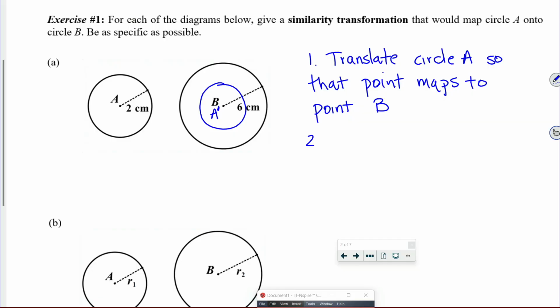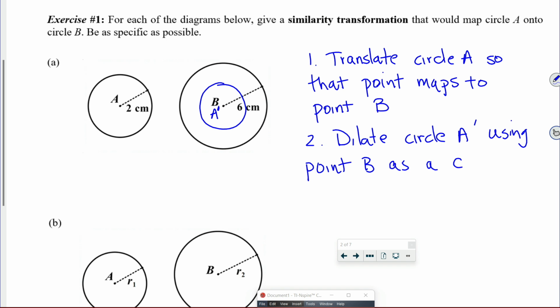All I now have to do is dilate circle A prime using point B as a center and a scale factor equal to 3.